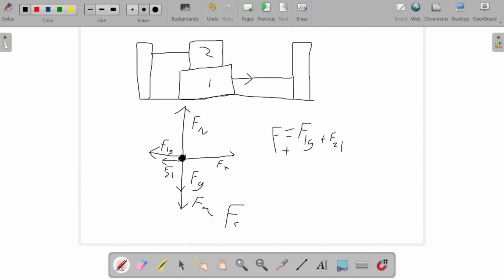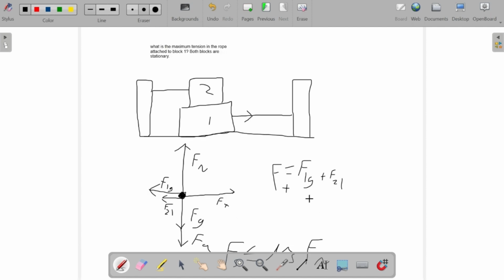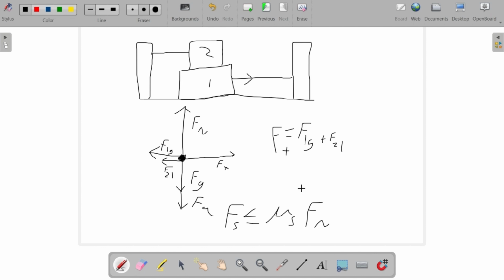And static friction is less than or equal to mu s times mg. Well, not mg actually. That's it for most situations. It's actually equal to Fn. Most situations, Fn equals mg, but sometimes it's different. In fact, this is one case where it is different.